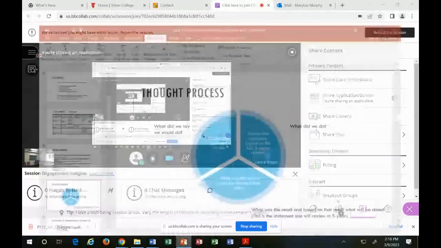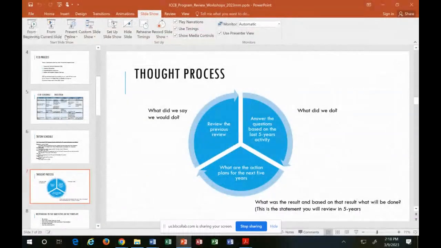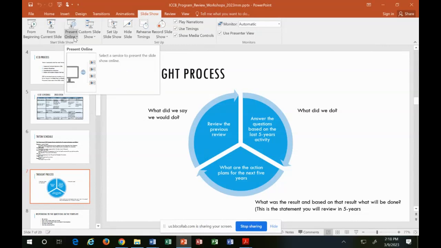So again, the structure of the template is look back, tell us what you did here, and then what are we going to do? You're going to look back 5 years ago and say, what did we say we were going to do? And then you're going to go through the center part of the template and really talk about what we have done.